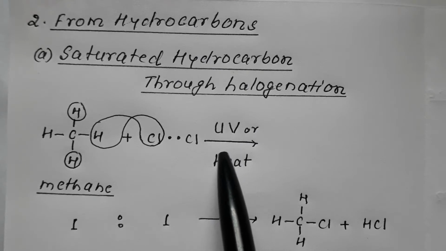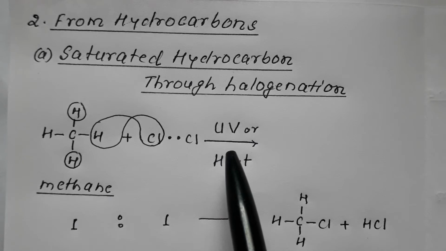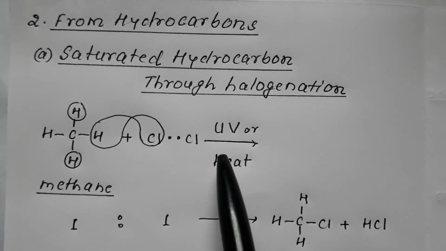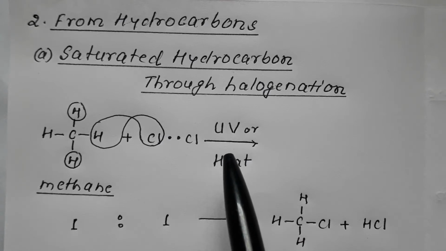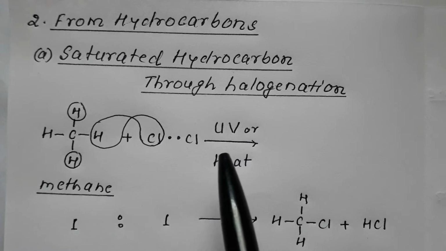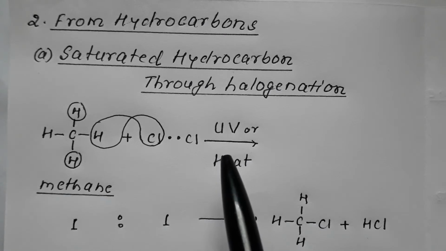Very important to note that all photochemical reactions are supposed to be zero order reactions. This you will deal with in chemical kinetics: what is meant by order of reaction and what are zero order reactions. But these are zero order reactions, that is, the rate of reaction does not depend upon any of the concentrations.